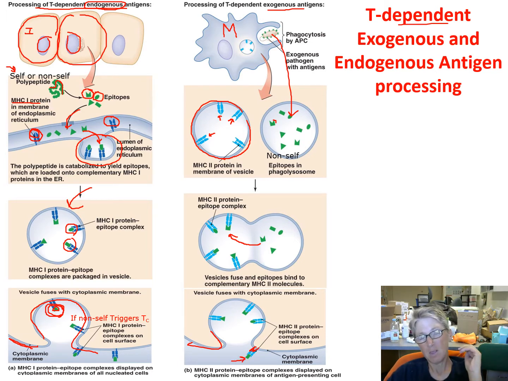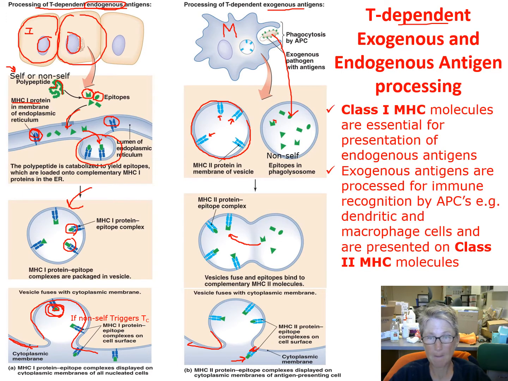And if this is a non-self or foreign epitope, then the T helper cell will recognize that as foreign and do its thing.